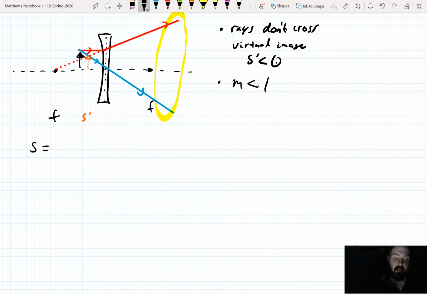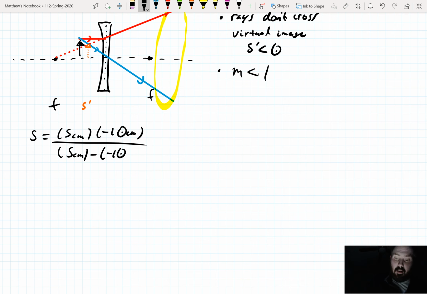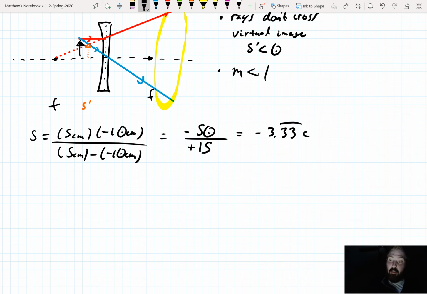Quick maths. S is 5 centimeters, minus 10 centimeters. So minus 50 over minus 5, which gets you minus 3.33 repeating, of course, centimeters.